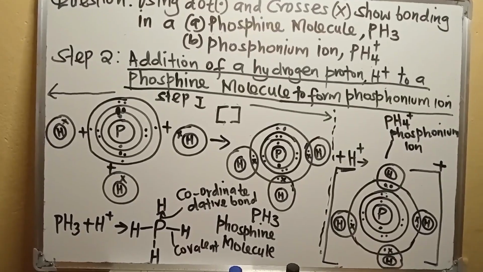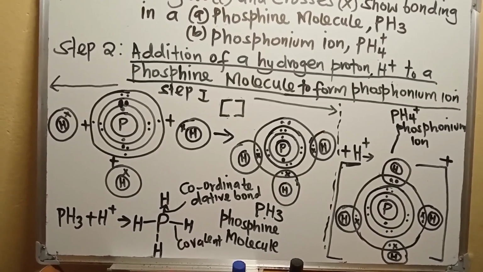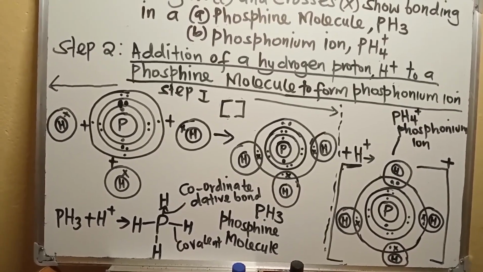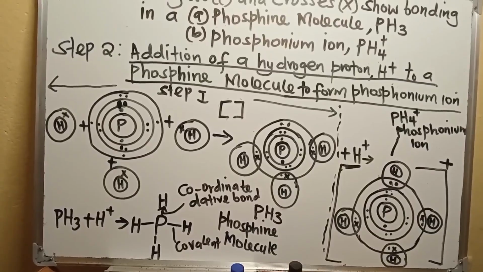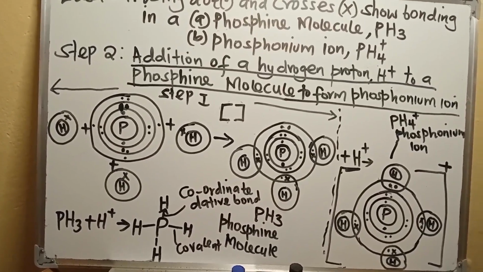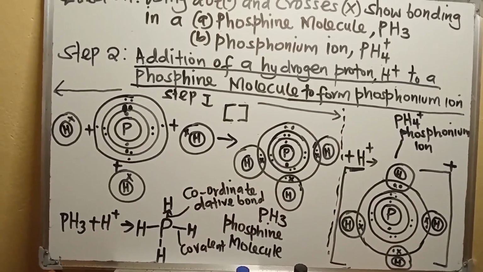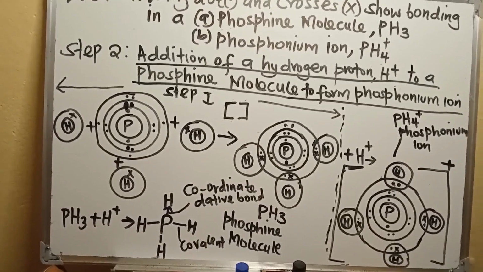You can also try the one for water molecule and the formation of a hydroxonium ion. So again, following two steps, where the first step is the formation of a water molecule, and the second step is where the water molecule combines with the hydrogen proton to form a hydroxonium ion.